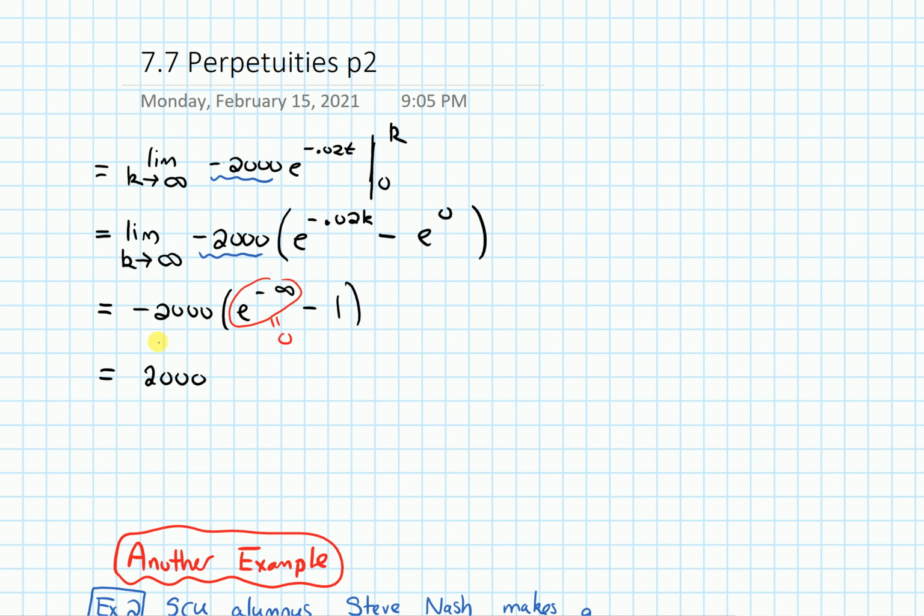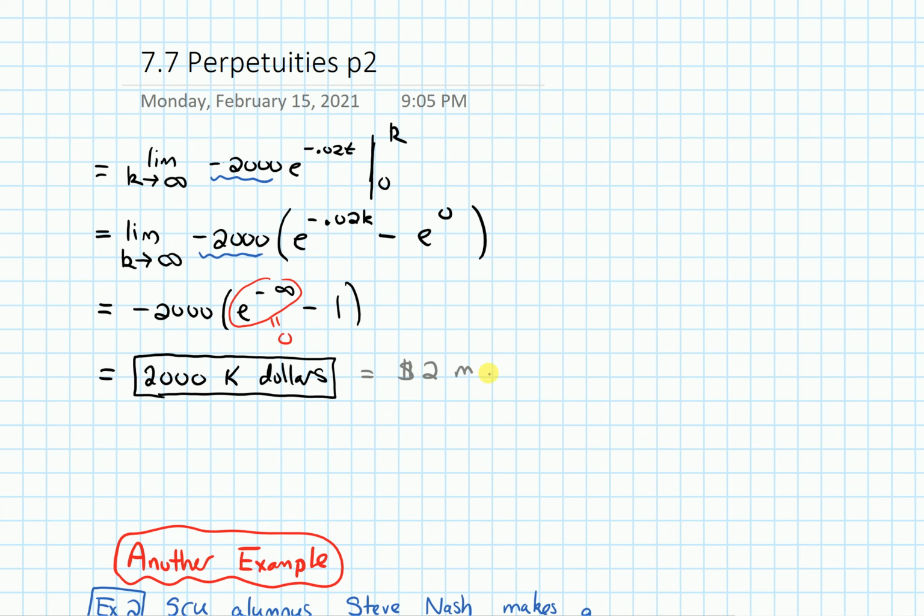And what are the units here? The units of money in this question were thousands of dollars. So I'll write K for thousands of dollars. And that's it. That's how much would have been needed to be deposited in the account at the start to fund this scholarship. Okay, so 2000K is 2,000,000, which is 2 million.